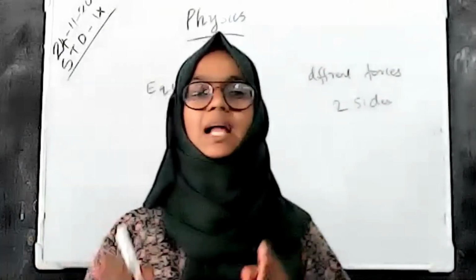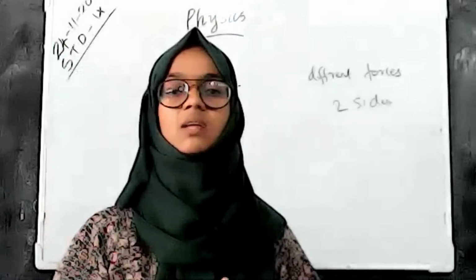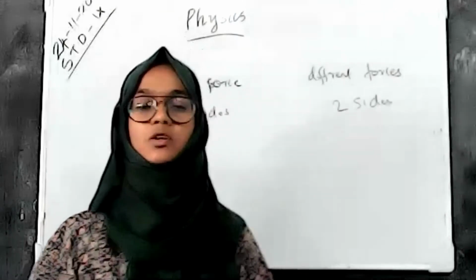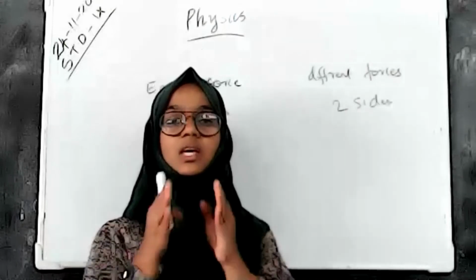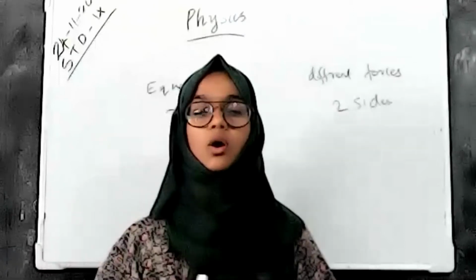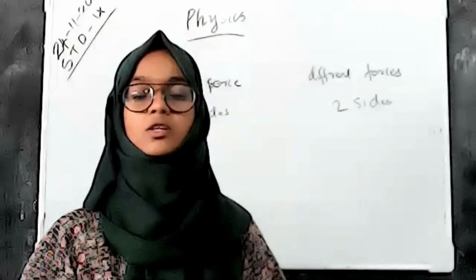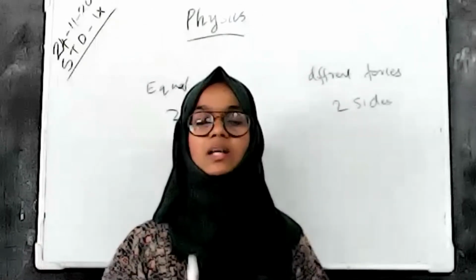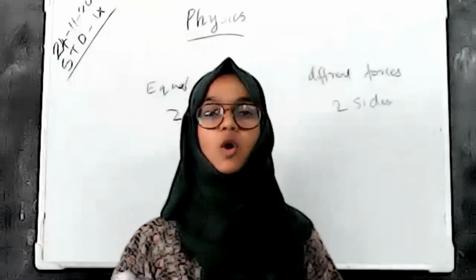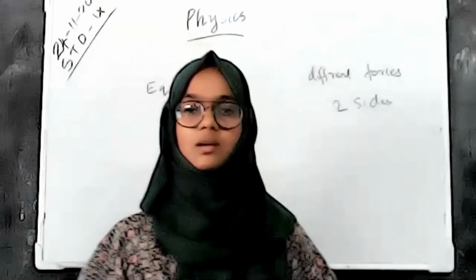So based on the balanced and unbalanced conditions, work is done in one case and no work is done in the other case. In the first case, there is equal force on two sides, in opposite directions, so the same force is acting and no work is done. But in the second case, a changing force is applied in opposite directions, so work is done.